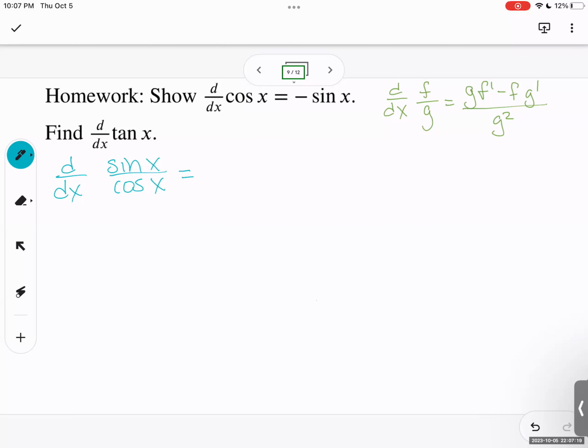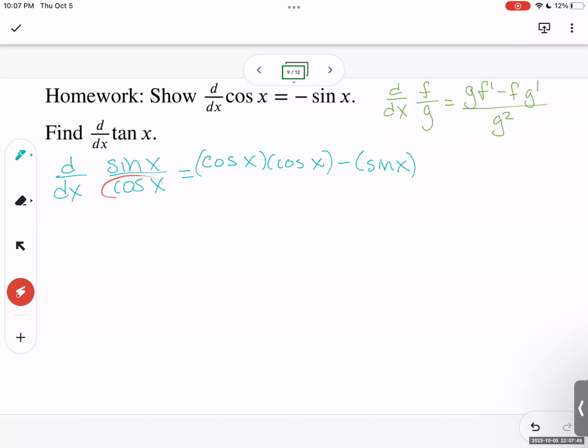So the low value is cosine x, the value in our denominator, times the derivative of our numerator. The derivative of sine x is cosine x, minus the numerator high, just sine x, times the derivative of the denominator, so d low.